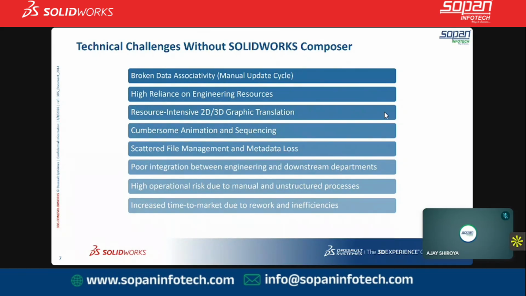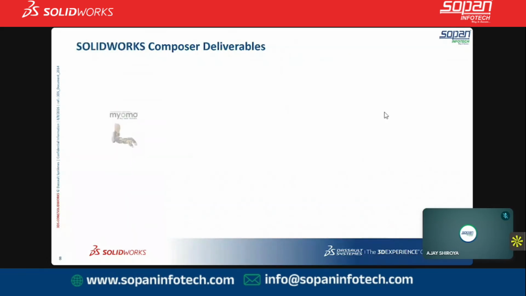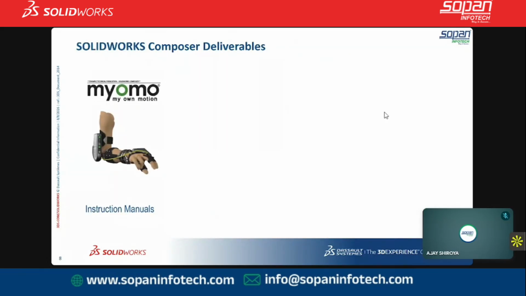If you define some custom property in the CAD model and you want it in that particular document, that associativity is also there with SOLIDWORKS Composer. All these challenges ultimately lead to rework, inefficiency, and increased time to market. Today's competitive environment is focused on reducing time to market. So let's have a look at what we can achieve through SOLIDWORKS Composer.